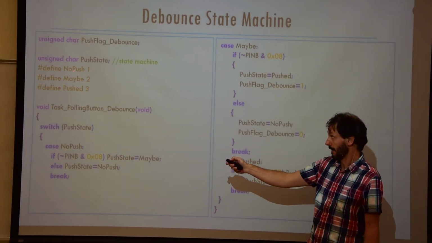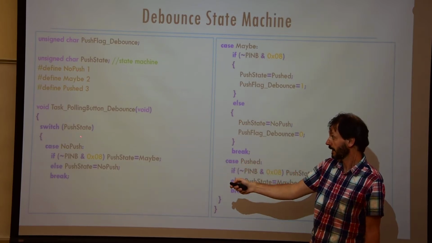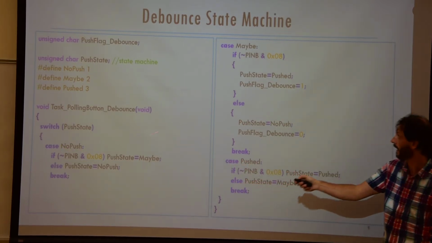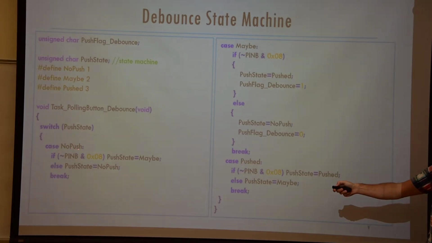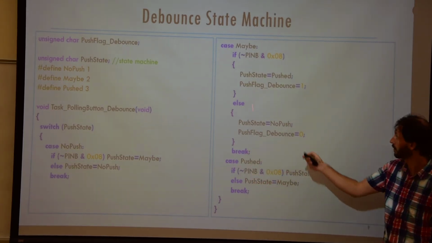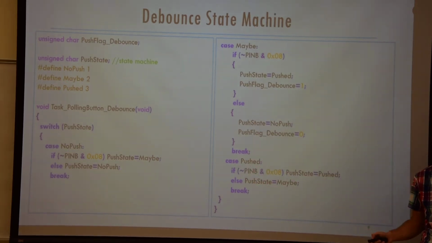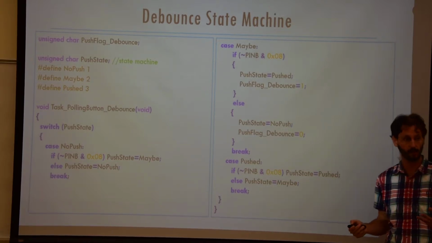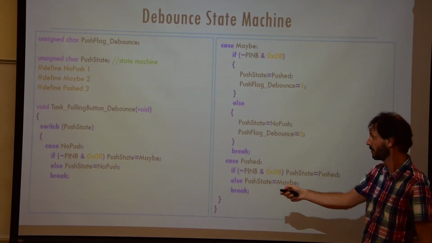Now I've introduced these words, and I can use those in my case analysis, in the cases that I'm looking at: no push, maybe, or pushed. You can see that by defining this, now my code becomes readable. And I'd like you to be encouraged to implement all those types of mechanisms to make your own code readable so that you understand what you do.